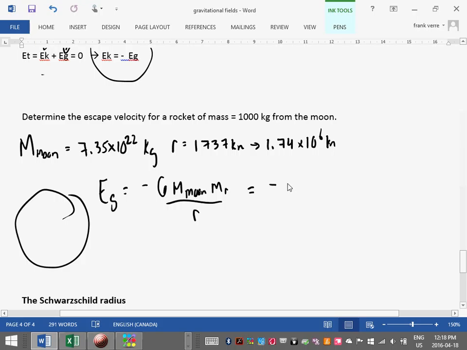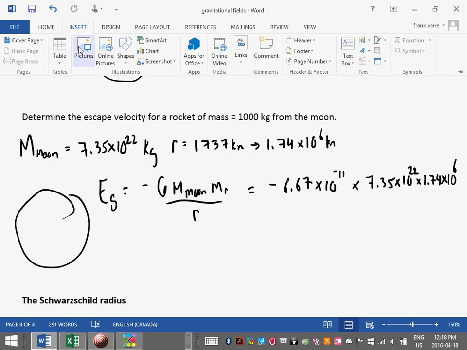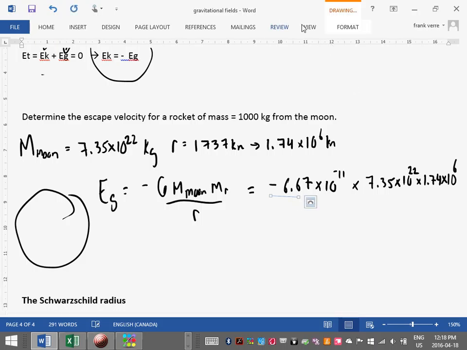So it's negative 6.67 times 10 to the negative 11 times the mass of the moon times, sorry, no, that's not what we want.